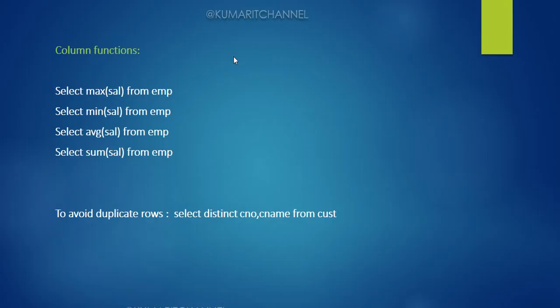We have other functions like DISTINCT, which gives you the distinct records from the table, and to get the total number of records from the table you use count star from customer. These queries are must-use. As a programmer you will definitely be using them if you're working on DB2 COBOL, DB2 PL/1 or anything else. You may be using REXX as well, so you will be trying all these queries.